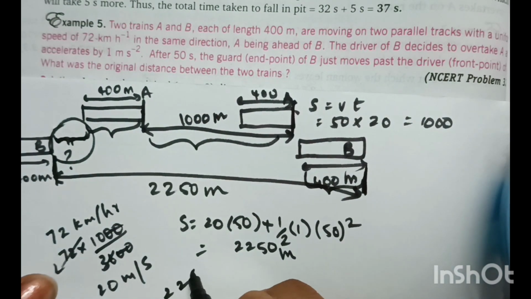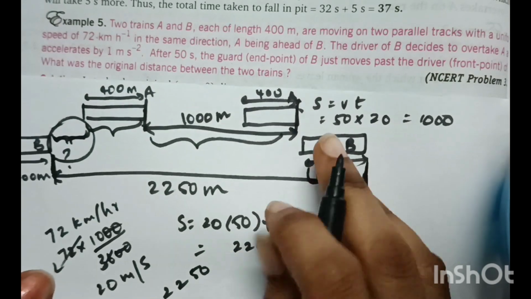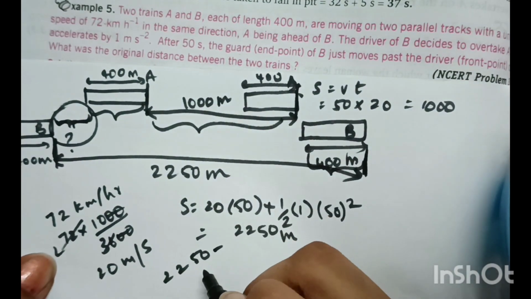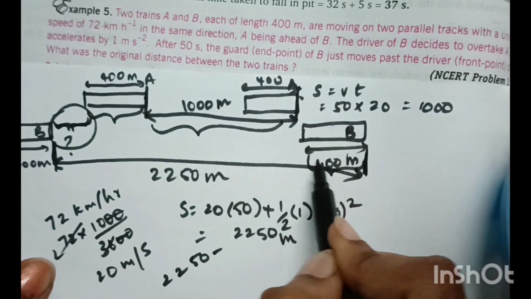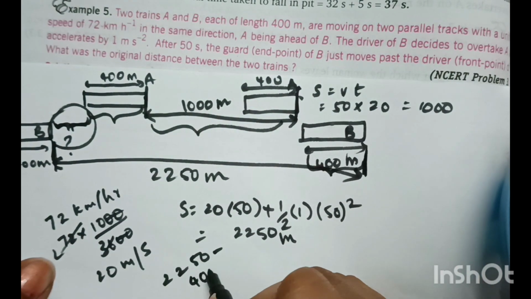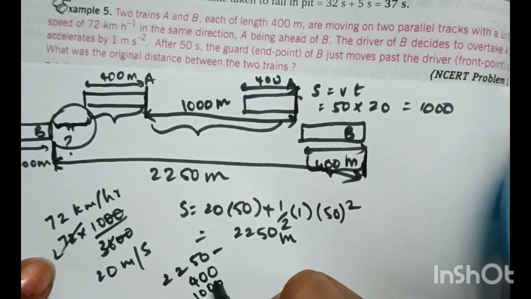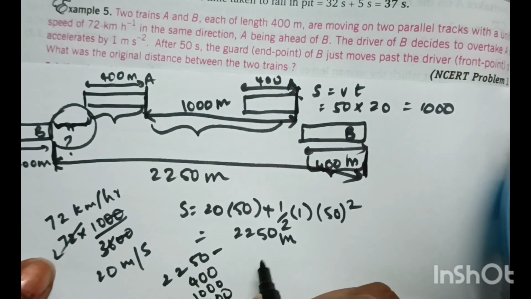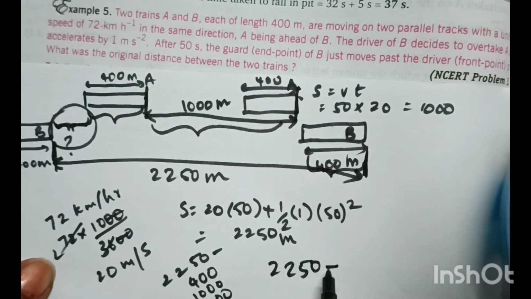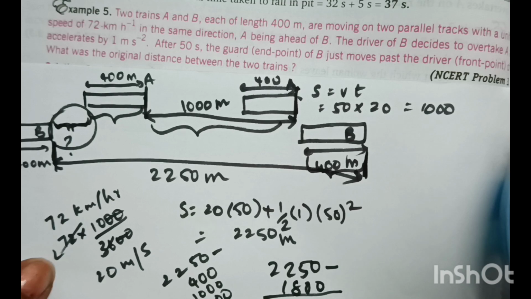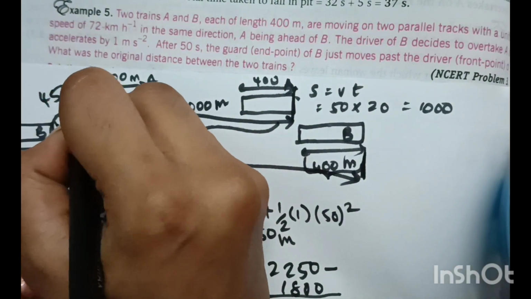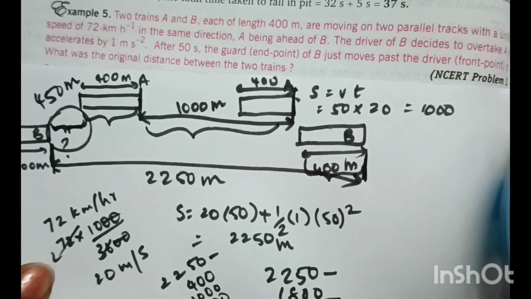So 2250 minus 400, this is 400 meters, and this is 1000 minus 400. So it will be 2250 minus 1800, which is 450. So that was the initial distance between the two trains.